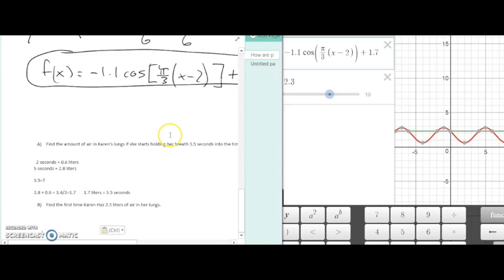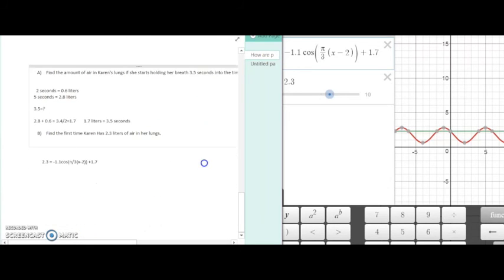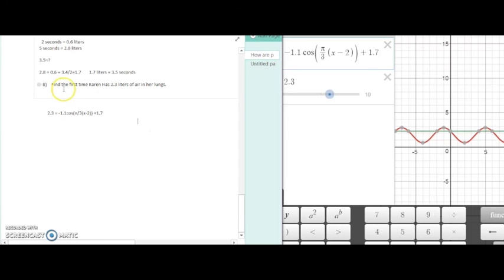Instead of using f(x), you just replace it with 2.3 liters, since 2.3 is in the y direction, and basically you'll be solving for x.